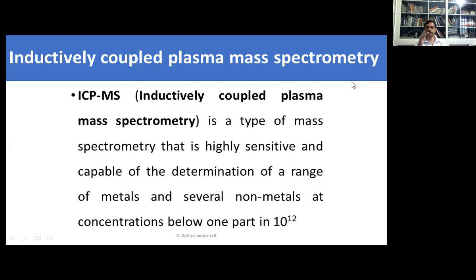At a concentration below 1 parts in 10 to the power 12, when compared to atomic absorption spectrometry, which is commonly followed, which can determine you the particles up to parts per million. Here up to parts per billion, even beyond that, you can identify and also you can quantify.